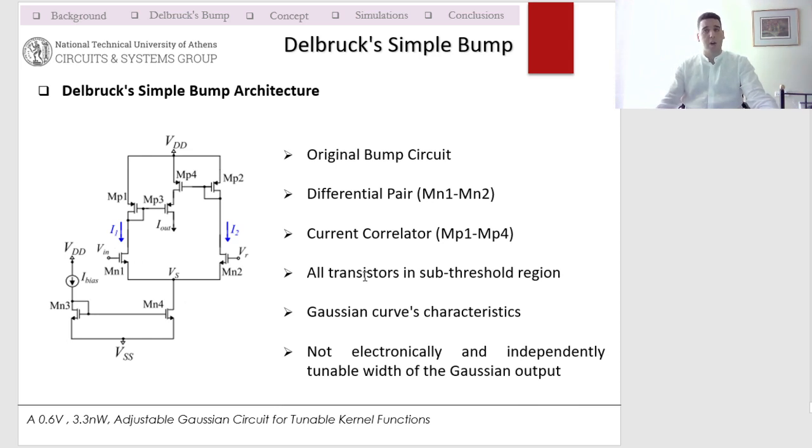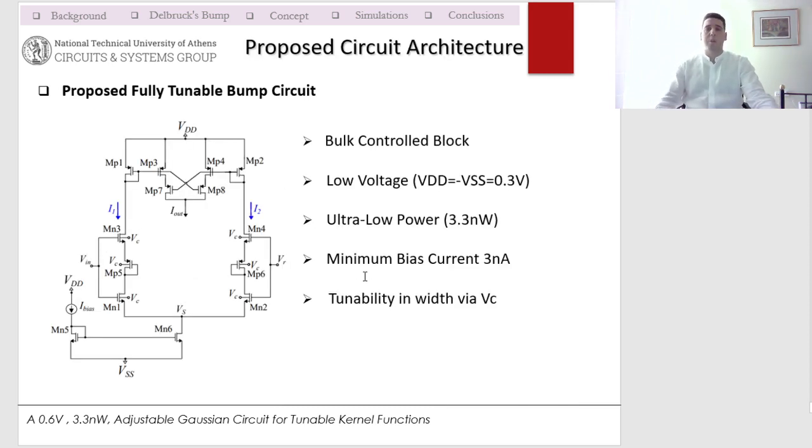There is a variety of complicated architectures which are synthesized using translinear principles and the exponential characteristics of the subthreshold MOS. Also, their architectures consist of extra stages, for example, transconductors, D2A converters, floating gate transistors, and of course current mode circuits. Delbruck's simple bump circuit can be modified to achieve electronically adjustable width independent of other bump parameters.